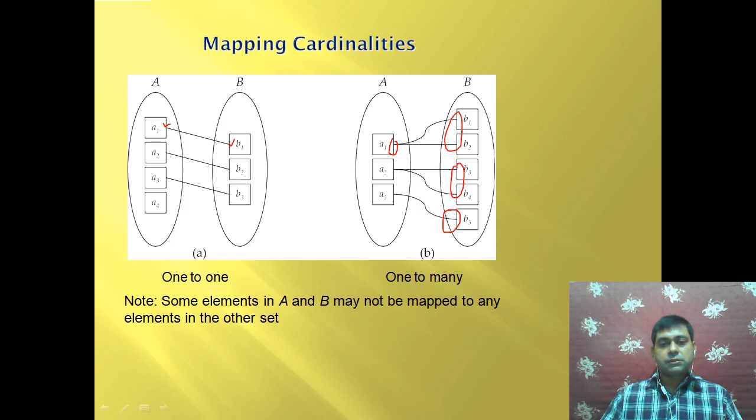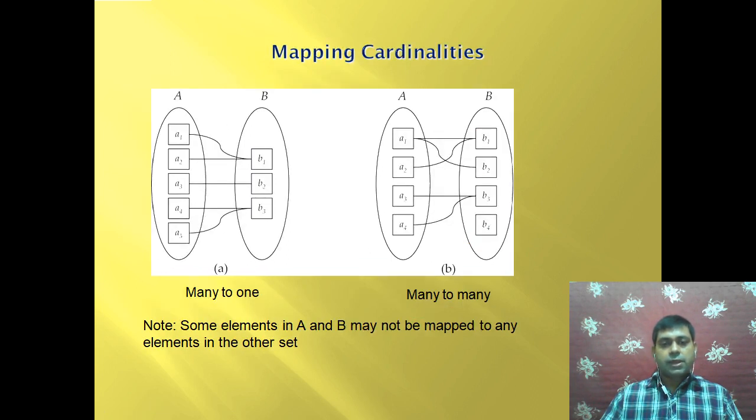This is 1:many, and many to one is also defined here. It is also easy to understand, because if you understand 1:many, many to one is just the reverse. And many to many means a single one is connected with multiple, and one of them is reversely connected to multiple. So you see the overlapping is there. So it is clear that this is called the many to many cardinality.